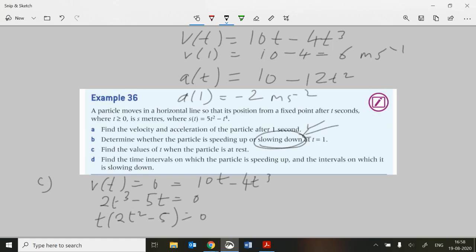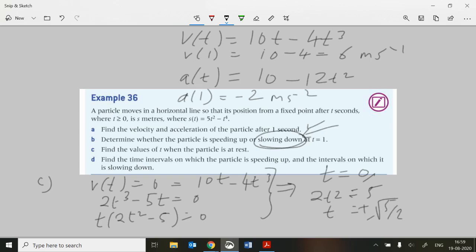And then you need to solve the thing inside as well. So we're getting three answers here. It does say that t is greater than or equal to 0. From the first factor, we get t equal to 0. From the second factor, 2t squared minus 5 equals 0, so t is equal to the square root of 5 over 2.